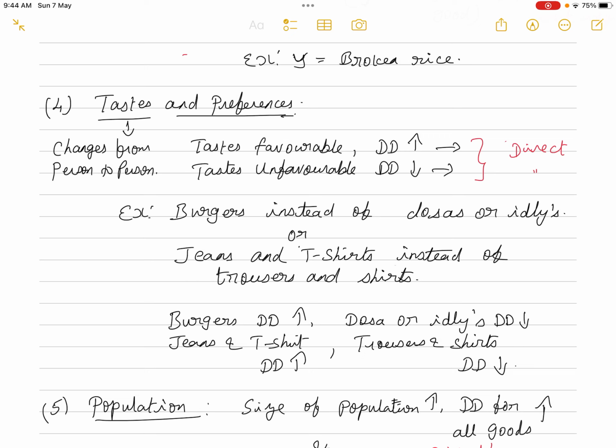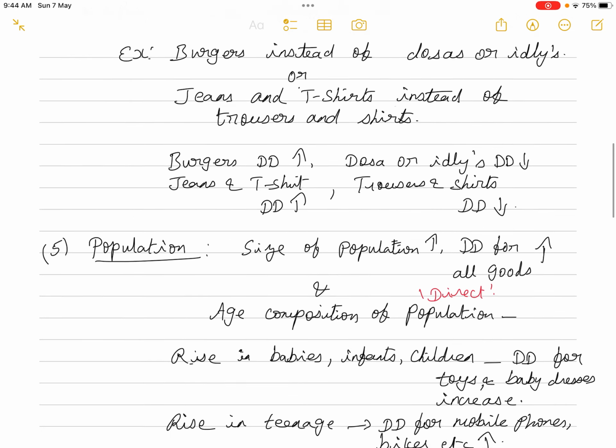On the other hand, the demand for dosas or idlis, the traditional snacks, is decreasing. Similarly, people nowadays want to wear jeans and t-shirts instead of the traditional formal trousers and shirts. So the demand for jeans and t-shirts is increasing compared to the demand for trousers and shirts, because the taste has become unfavorable towards those.